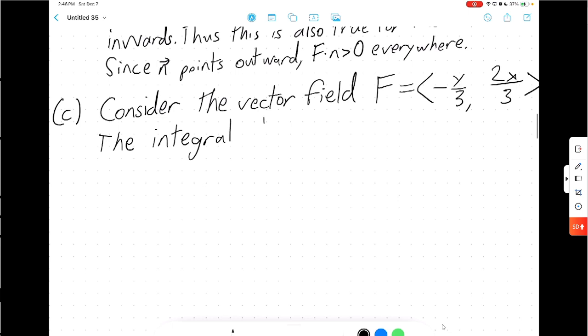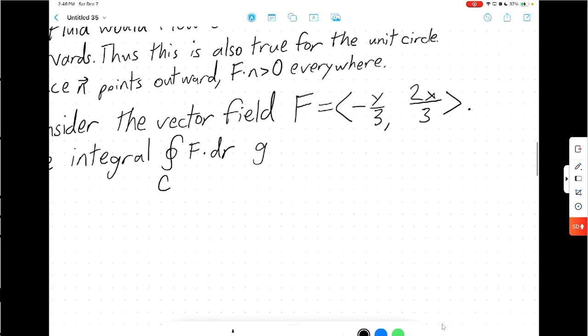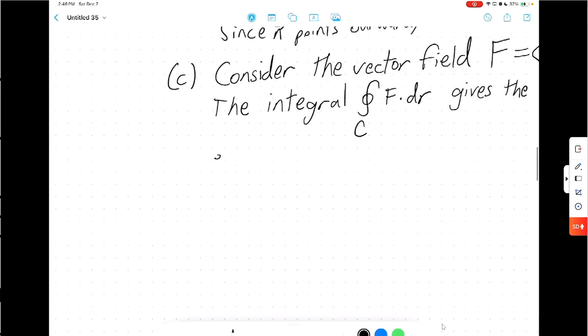The integral on C of f dr gives the area of D enclosed by the simple closed curve C.